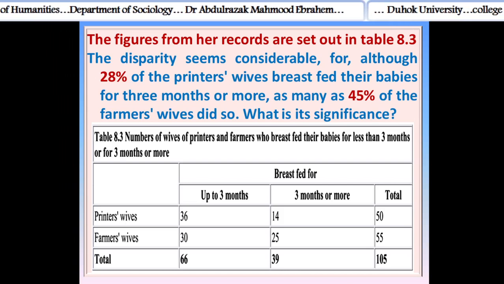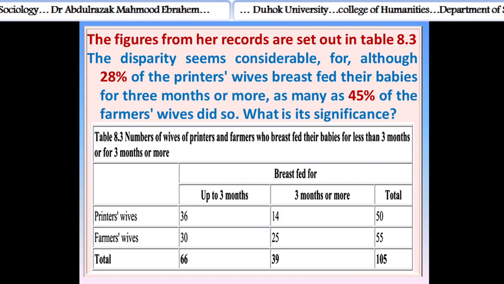This party seems considerable, for although 28% of the printers' wives breastfeed their babies for 3 months or more, as many as 45% of the farmers' wives did so.